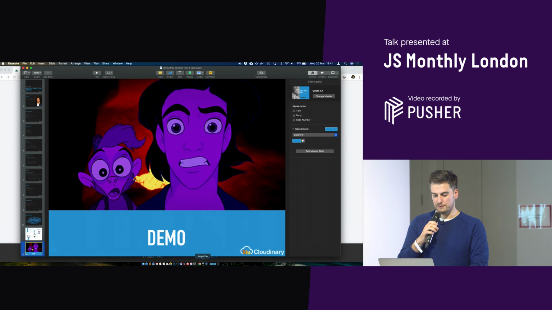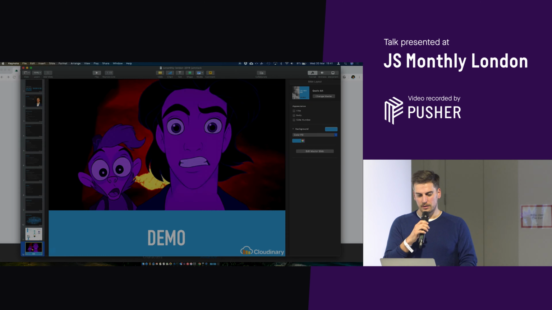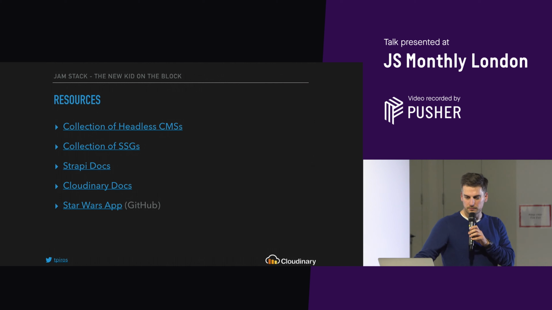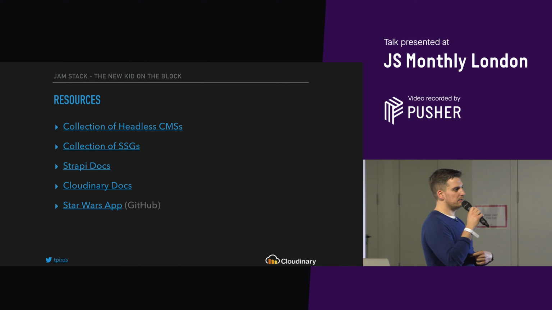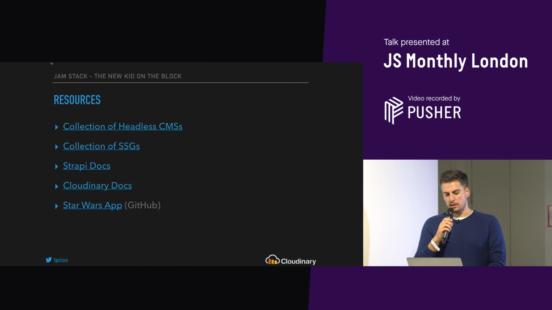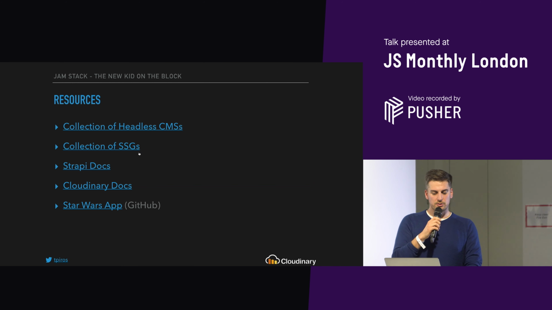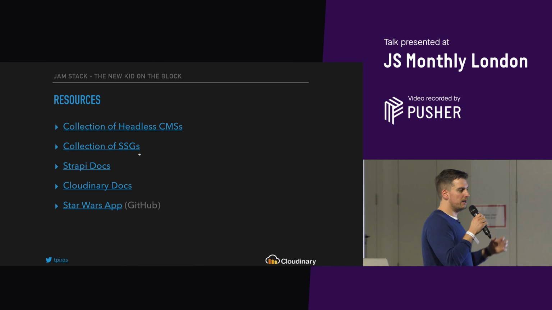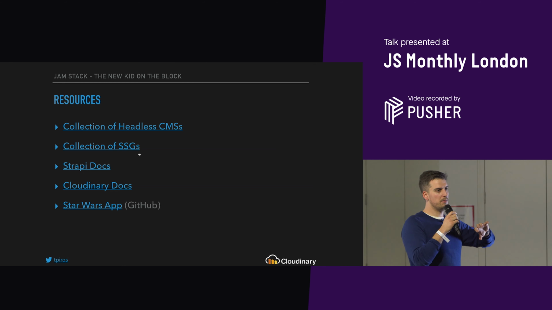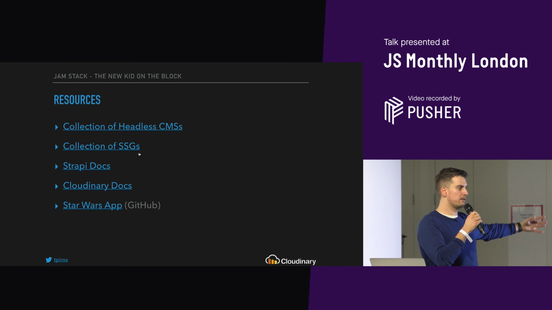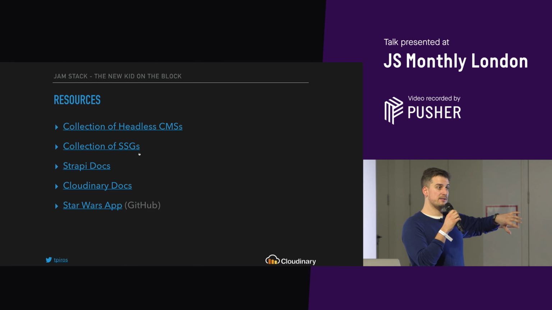While that's happening, let me finish up my slides. So hopefully I don't want to take too much time. Some resources, I'm going to share these slides with you. Collection of headless CMSs, collection of static site generators. I use Vue and Nuxt. There are some other static site generators for other technologies. There's Next.js, which is a static site generator for React. There's Gatsby.